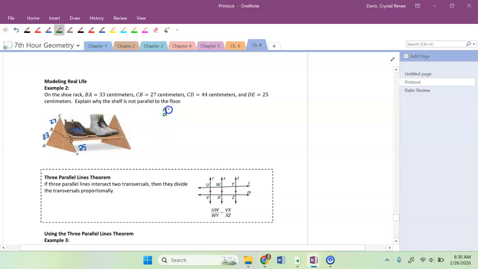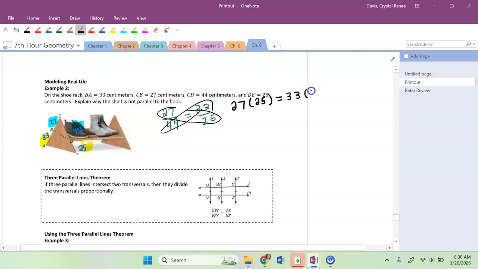So I want to check, is 27 over 44 equal to 33 over 25? Now if I cross multiply these, I get 27 times 25. Is that equal to 33 times 44?